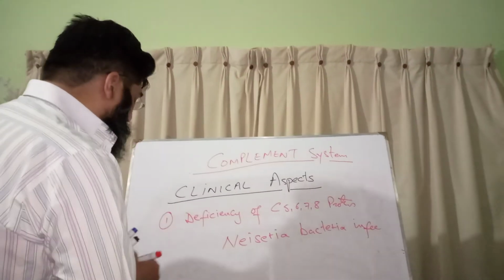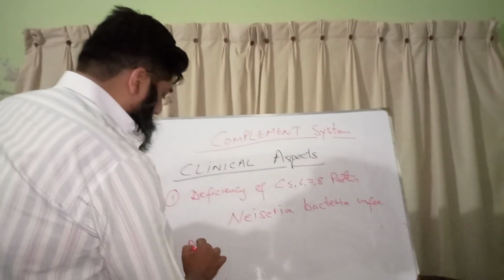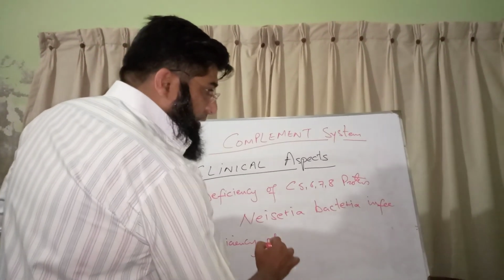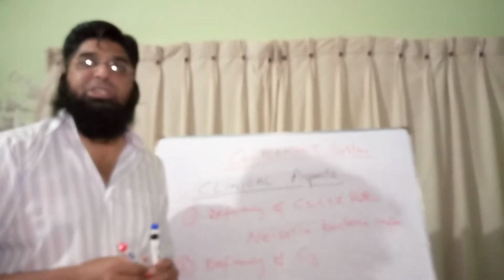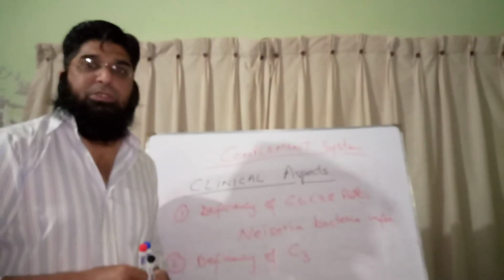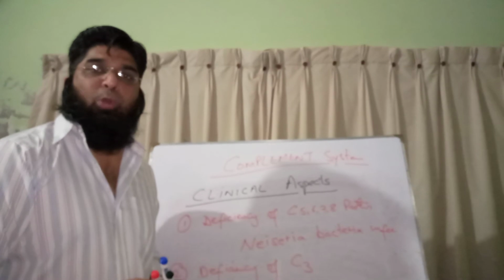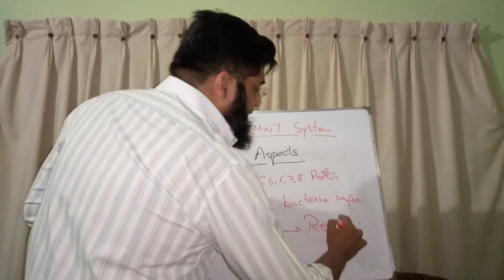Okay, number 2, deficiency of C3 complement proteins. Students, if C3 complement proteins are deficient in our body, then we are at increased risk of developing respiratory infections.